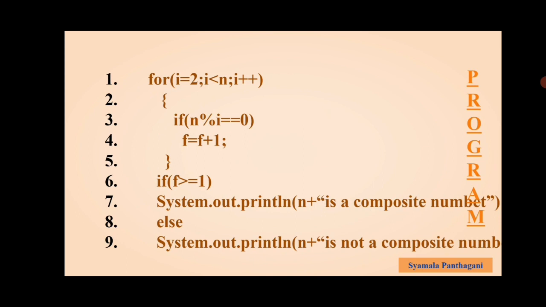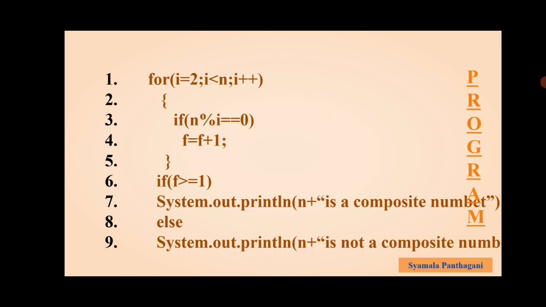At the end, we have written here, if f is greater than or equal to 1, it means the given number has at least one factor except 1 and itself, that is a composite number. That's why we have written f is greater than or equal to 1.